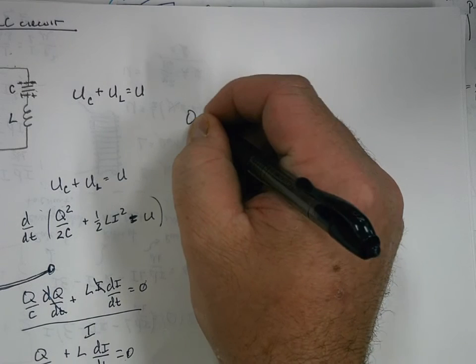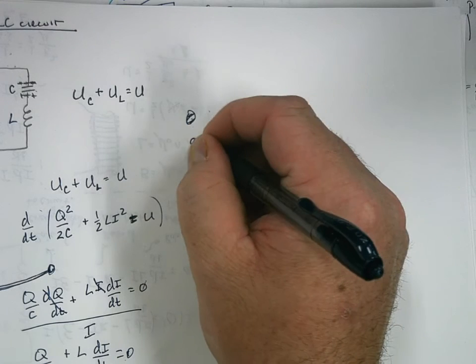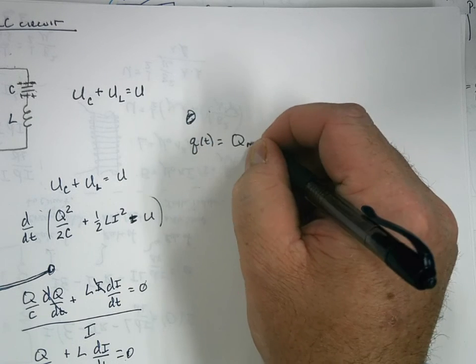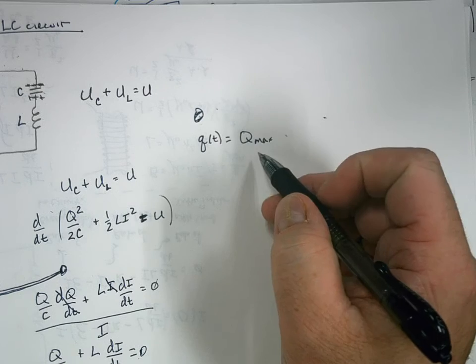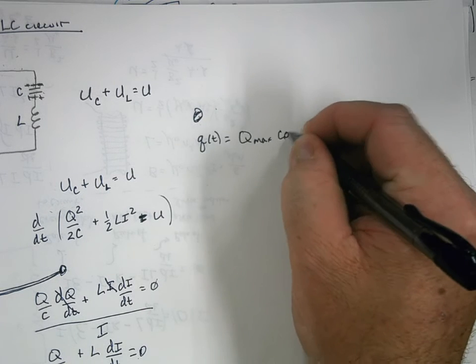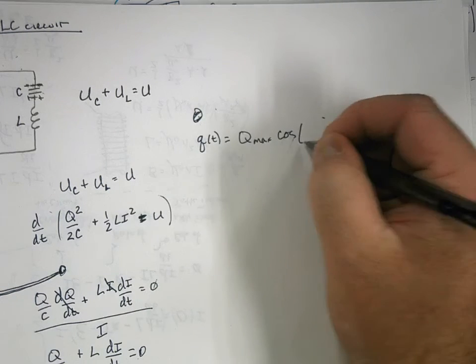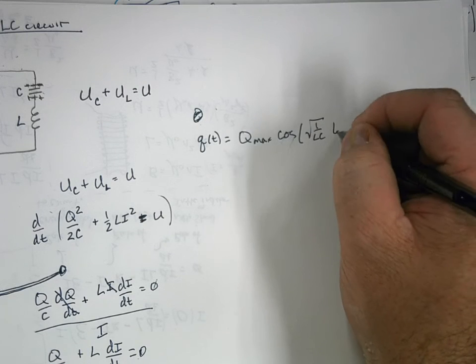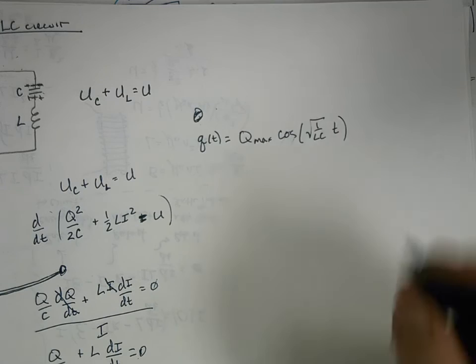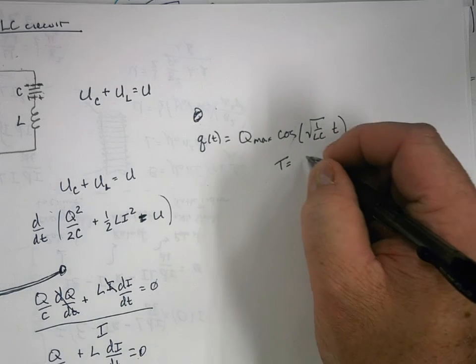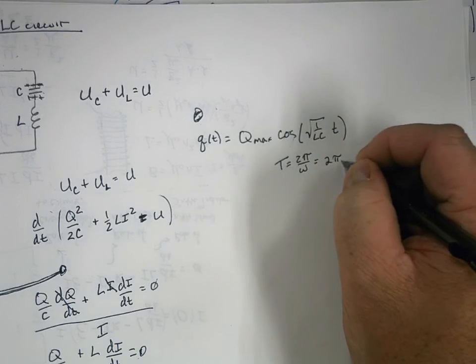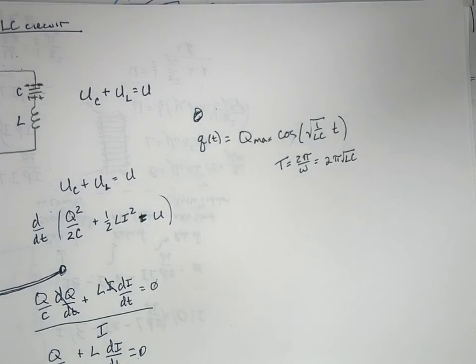So our Q over T becomes, I'm sorry, whatever our max charge is, cosine omega T. And our period is going to be that.